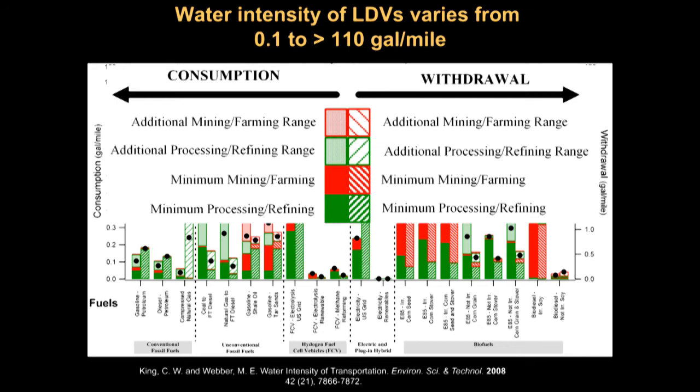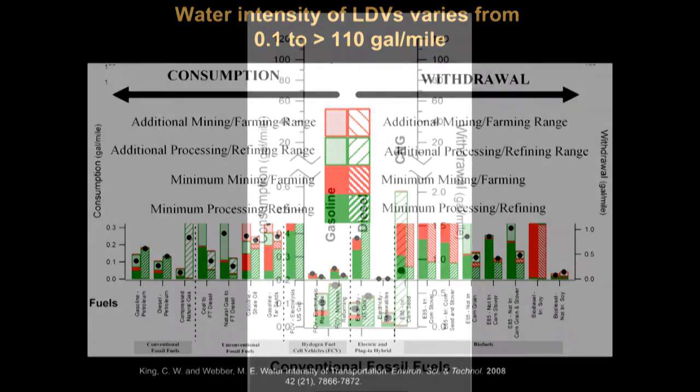The bottom two sections of each column represent a minimum water quantity, and the highest value indicated by each column represents an upper limit to the water requirement. Furthermore, the black dots in each column of the graphic represent average or nominal values for water consumption and withdrawal for each of the fuel combinations of technology and resources.